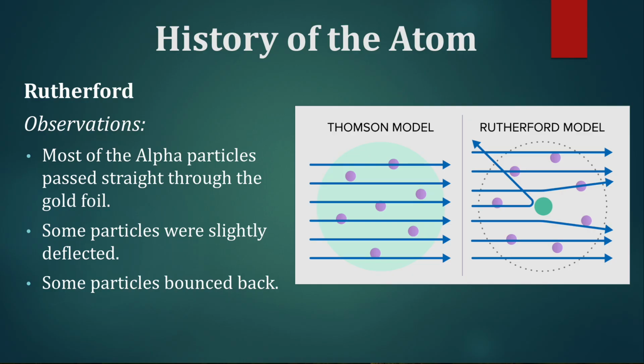This particular observation shocked Rutherford the most, and he equated this to a cannonball fired at a piece of tissue paper that just bounces back and hits you. According to the physics at the time, that should not have been possible. We should not have been seeing these particles bounce back. They had to have been coming in contact with something pretty massive and small.